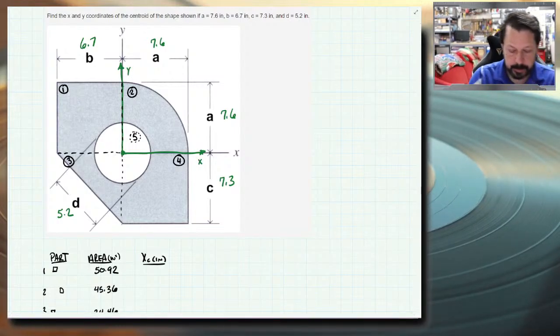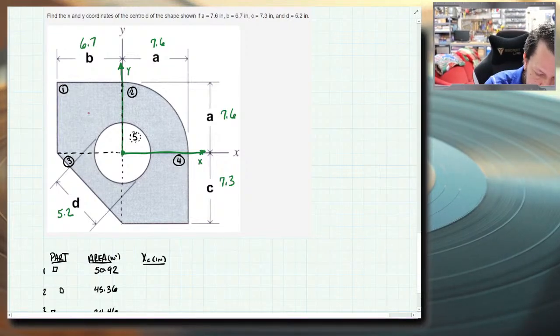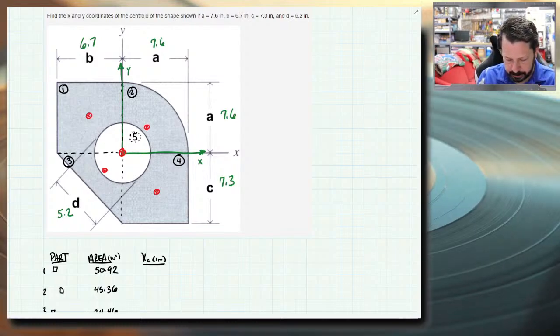It might be good to go in and draw the centroids of each part where you think they are roughly. The centroid of part 1 is to the left of my y-axis, so it actually gets a negative number, and it would be negative 6.7 divided by 2.